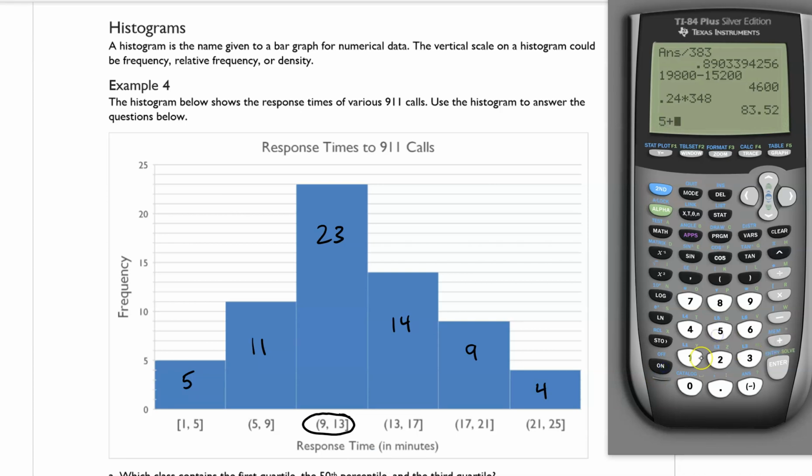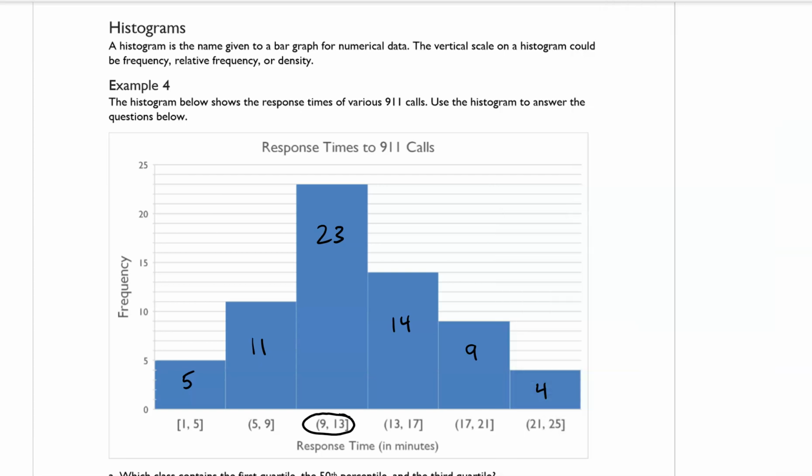So we have 5 plus 11 plus 23 plus 14 plus 9 plus 4. Okay, so looking at this data, we are analyzing 66 911 calls, or 911 call response times.